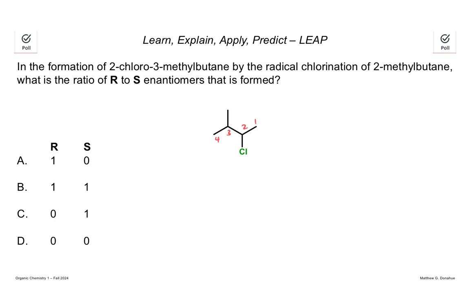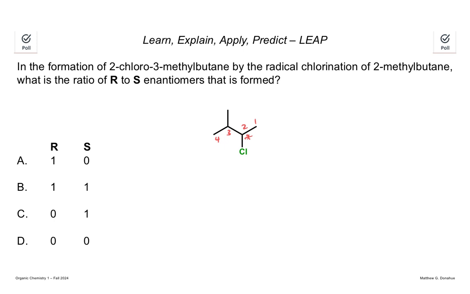So of the 2-chloro-3-methylbutane, we said that carbon 2 would be a stereocenter. So what ratio of R to S enantiomers would be formed in that? I'll invoke my high school algebra teacher, Mr. Tiber. How much? How many?